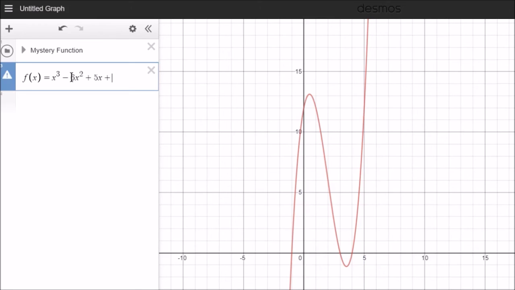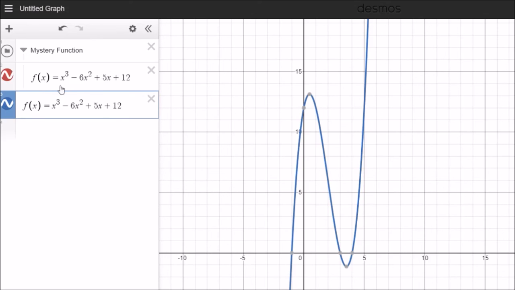Now if we get this right, it should sit right on top, and you can see it's sitting right on top of that function. That's the original function in red, and that's the function that we have created. So let's reveal the mystery function to see that it is correct, and that's exactly the function. So it does work, and we are able to create the polynomial function from the graph.